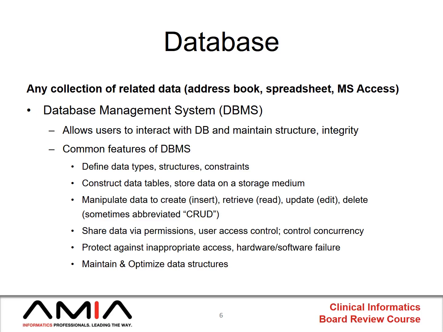Maybe there's reason why you want to obscure specific columns in a view to specific users. And they should be fault tolerant and allow for hardware and software failures to make sure that they don't wipe out your data. Finally, DBMSs should have a mechanism to maintain and optimize data structures, so performance tuning and indexing and reclaiming unused space, for example.